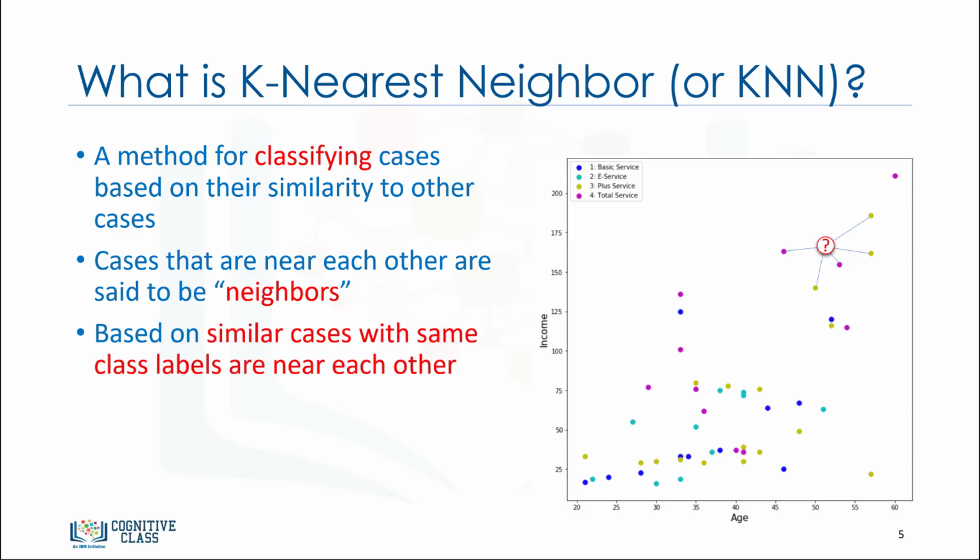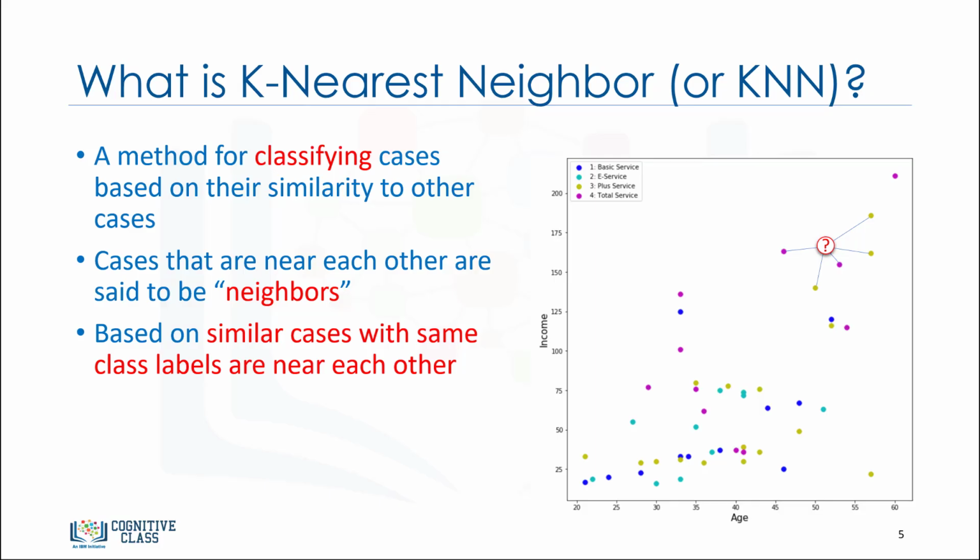K-nearest neighbors is based on this paradigm. Similar cases with the same class labels are near each other. Thus, the distance between 2 cases is a measure of their dissimilarity. There are different ways to calculate the similarity, or conversely, the distance or dissimilarity of 2 data points. For example, this can be done using Euclidean distance.